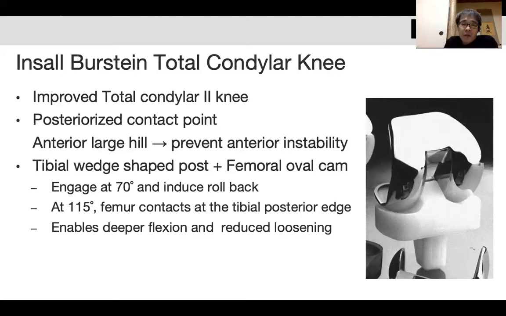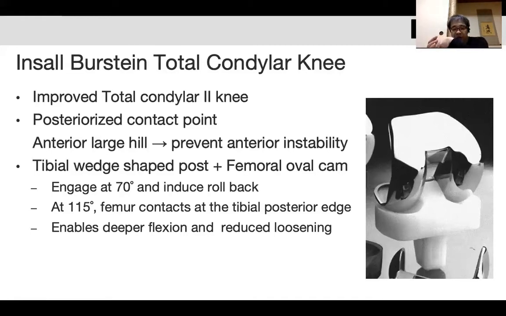Before 70 degrees, the contact between the post and cam never occurs. The stability is provided by this anterior rim. But after 70 degrees, the post and cam will hit.